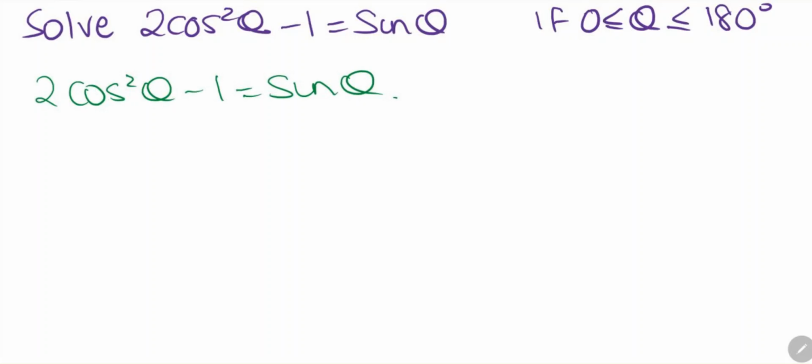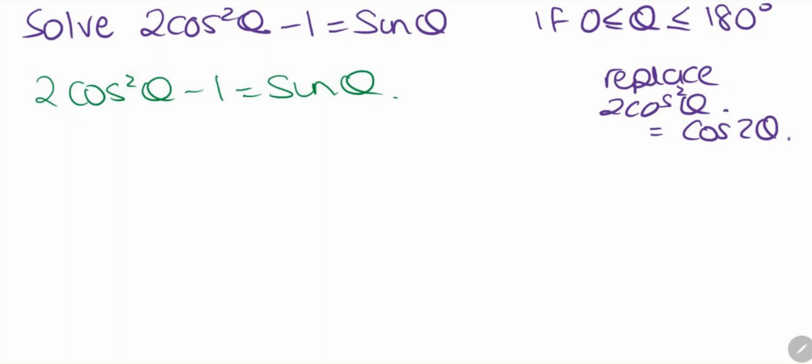So if we look at, we have a 2 cosine squared theta, and we can replace this. 2 cos squared theta minus 1 is equal to cosine 2 theta.